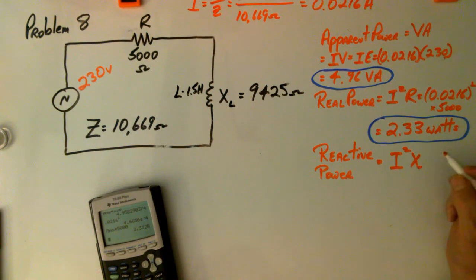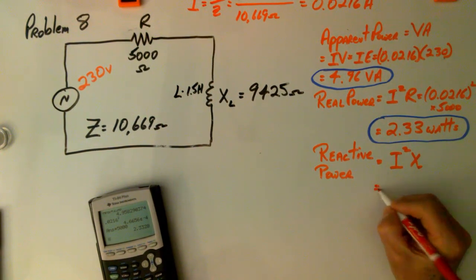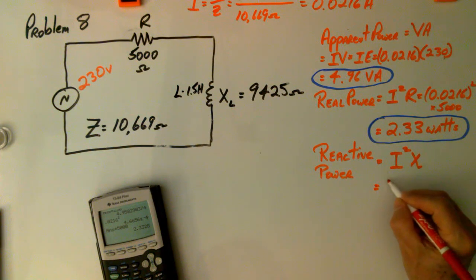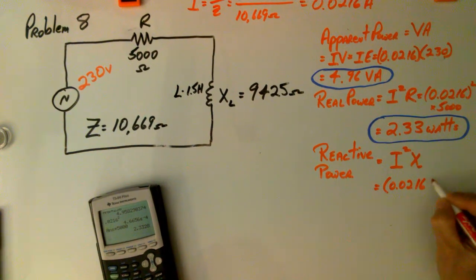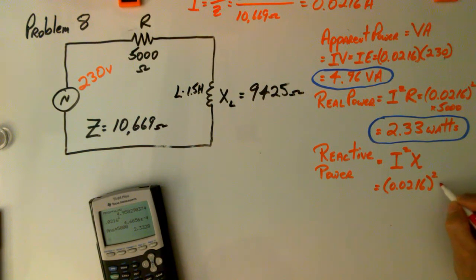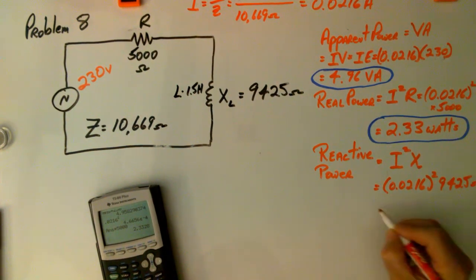So that's going to be 0.0216 squared, and the reactance is 9,425 ohms. And let's see how that comes out.